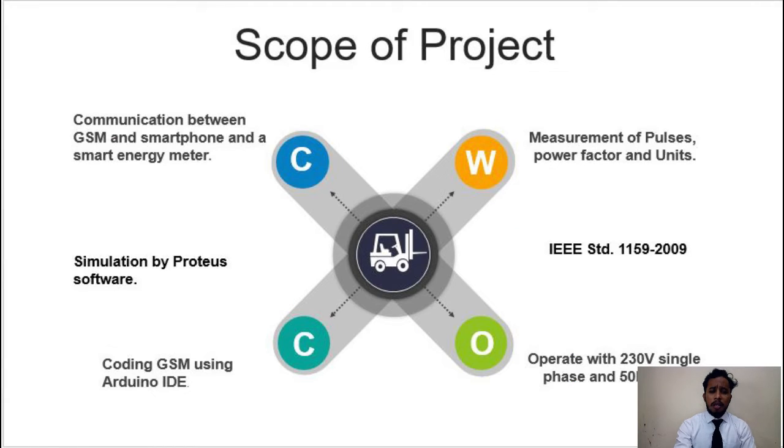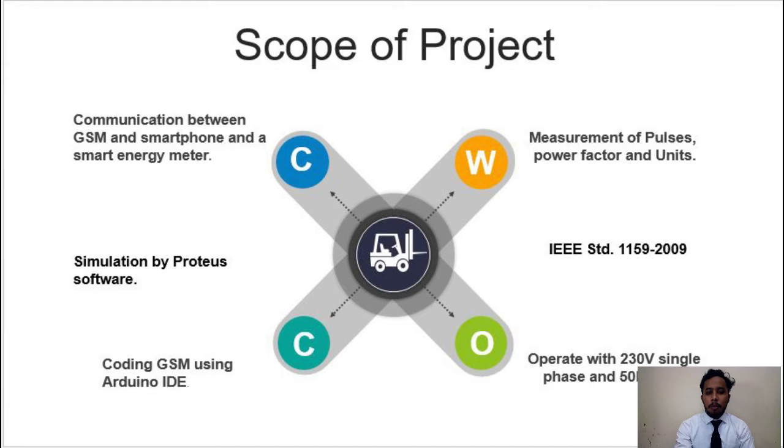Project scope. Here there are 6 project scopes. First, communication between GSM, smartphone and smart meter energy. Next, simulation by Proteus software. Next, coding GSM using Arduino IDE.